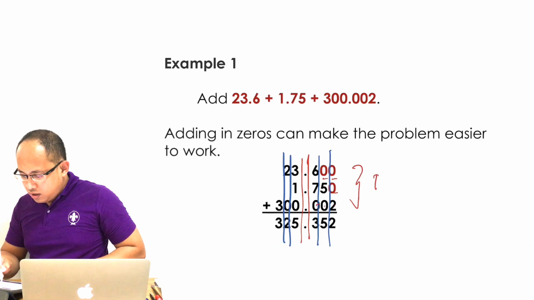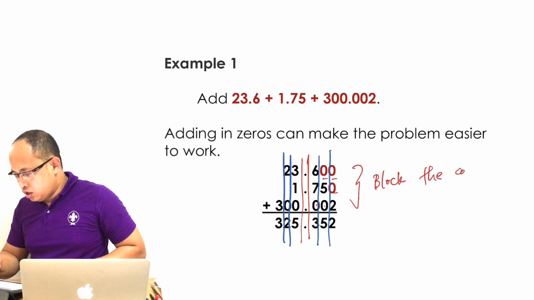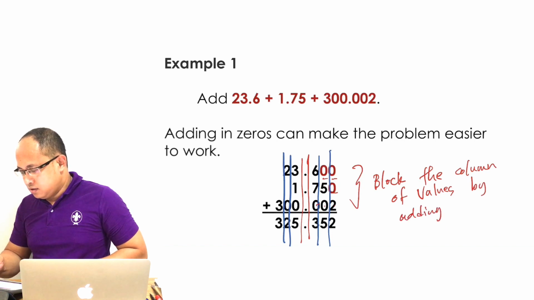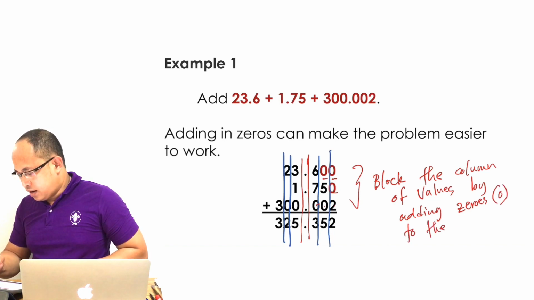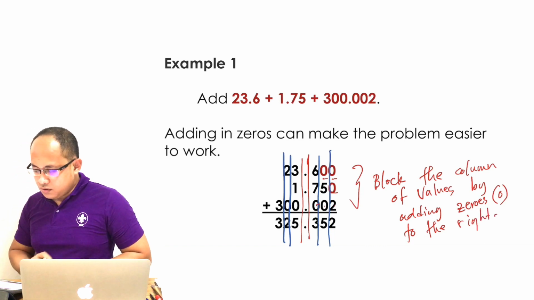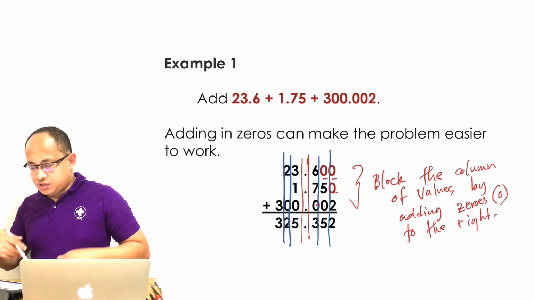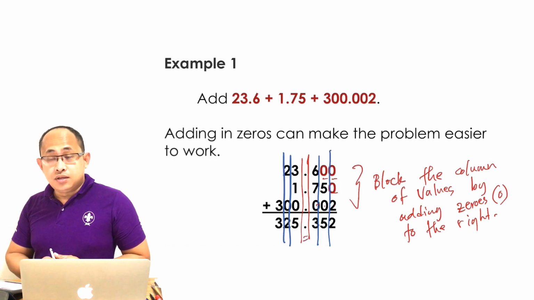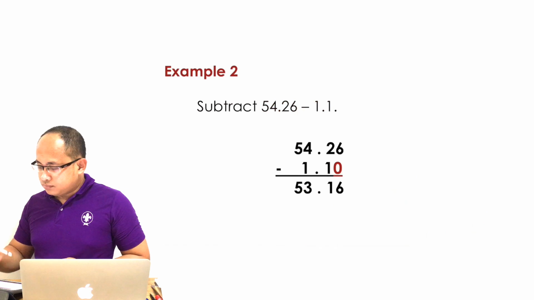You have to block the column of values by adding zeros to the right. Alright, you have to block them. Then you start adding all the numbers now. And then again, don't forget to write the decimal point at the end.